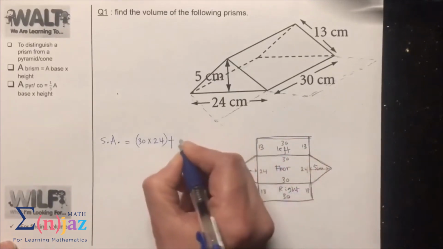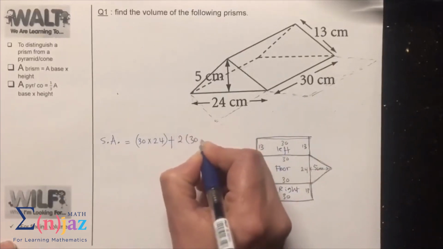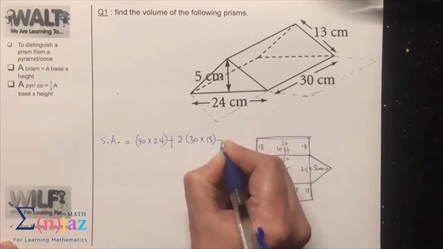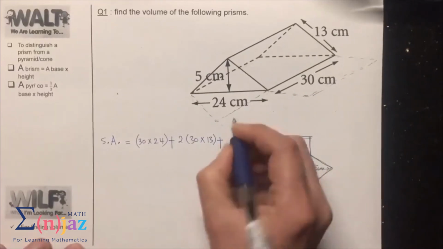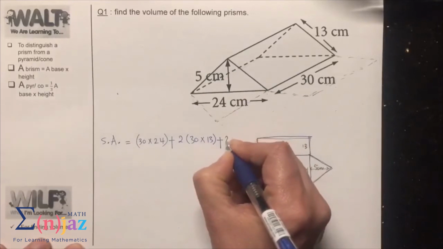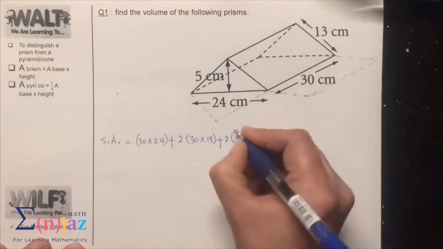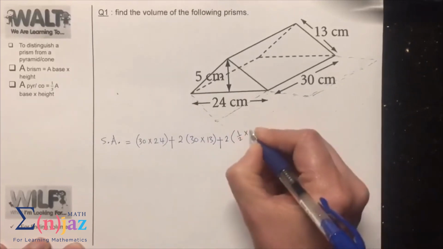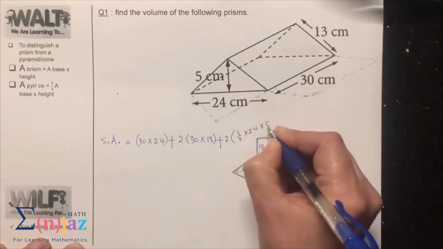I have two pieces, so it's 2 times 30 times 13 plus I have two triangles, which is going to be 2 times area of the triangle is half times base, which is 24, times the height, which is 5.